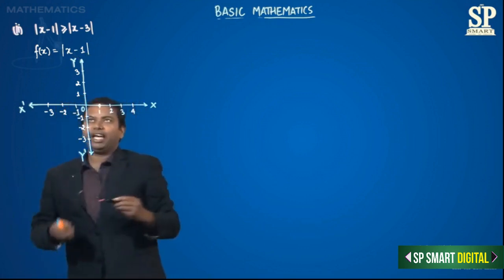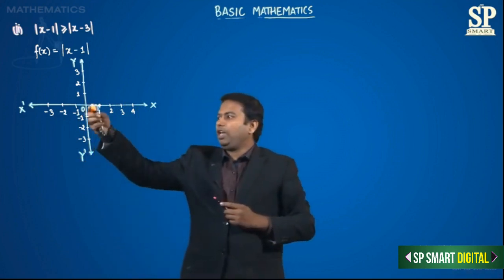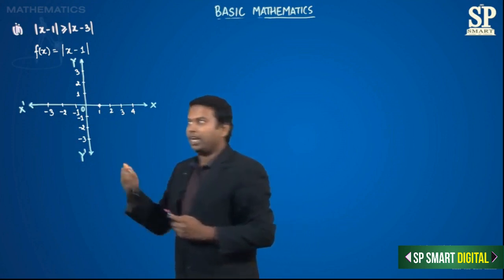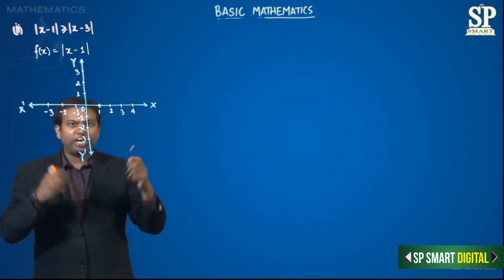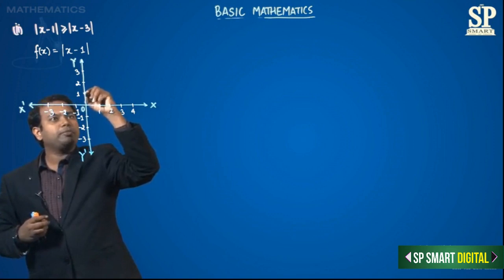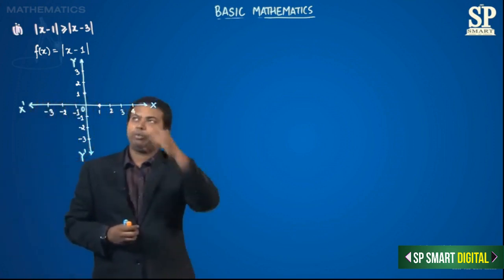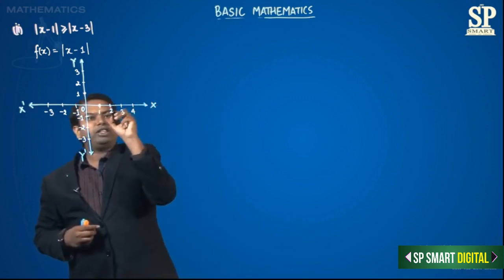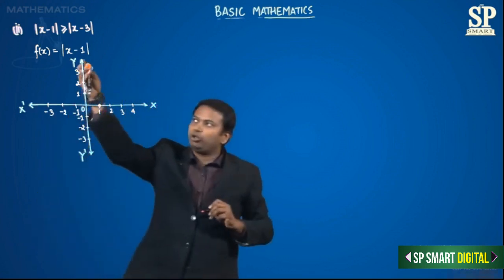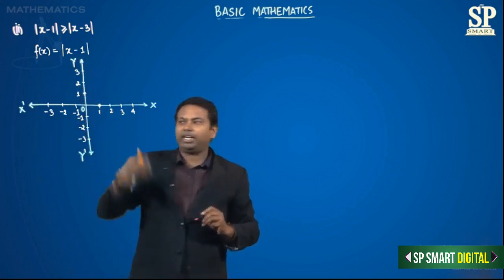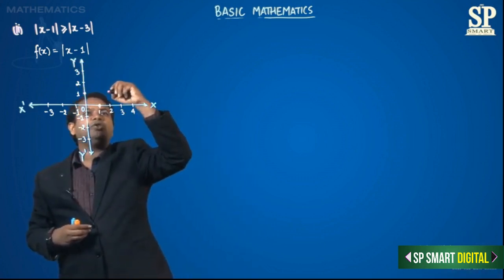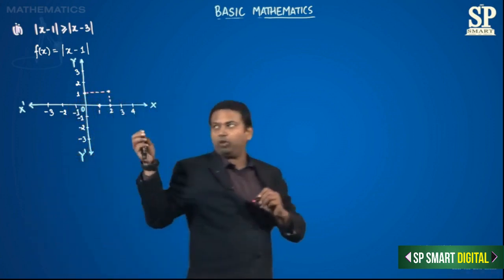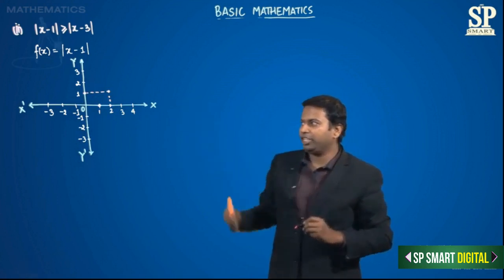When we put x equal to 0, it will give us modulus of 0 minus 1, that is modulus of minus 1, and that is equal to 1. When we put x equal to 2, 2 minus 1 is 1, taking the modulus gives us the same value, 1. By the dotted line, I want to show you how we are trying to plot these points.